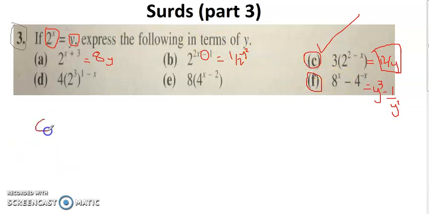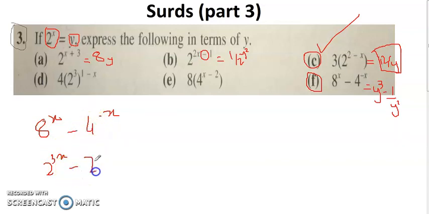So now 8 to the power x, minus 4 to the power minus x, right? Now, this is also very simple. The first thing we'll do is we will find what power can equate to 8. I mean, 2 to the power 3 is 8, right? And there's an x, so I'll write x over here, right? Again. Now I want the bases same, so I will turn this into 2 as well.